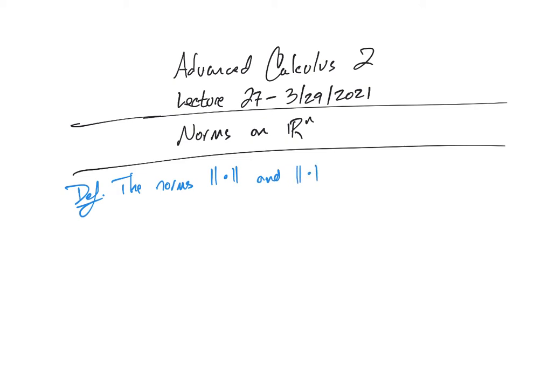Now, if you want a second norm, we're going to do double bars with a star or an asterisk in the subscript. For this definition we're using an arbitrary vector space, but in our proofs we're only going to be talking about Rn.